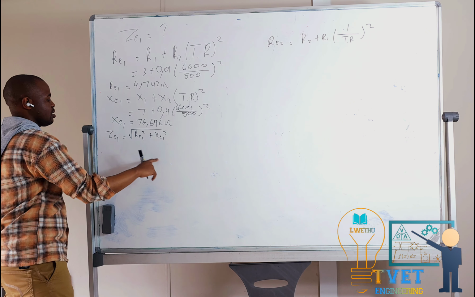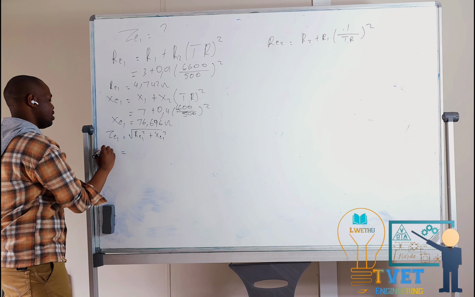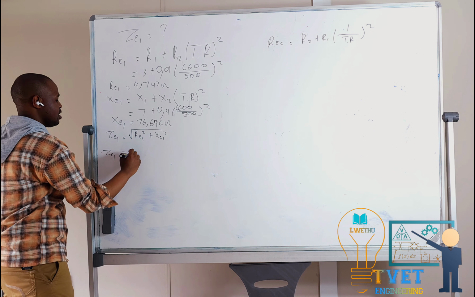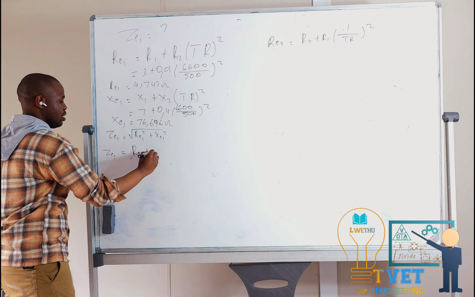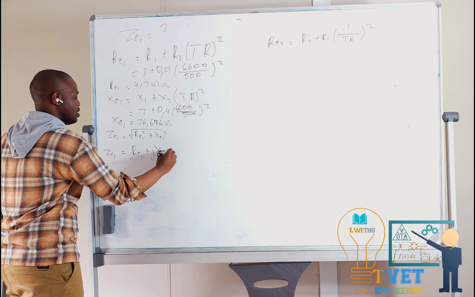The other is complex notation, which is R plus jX.